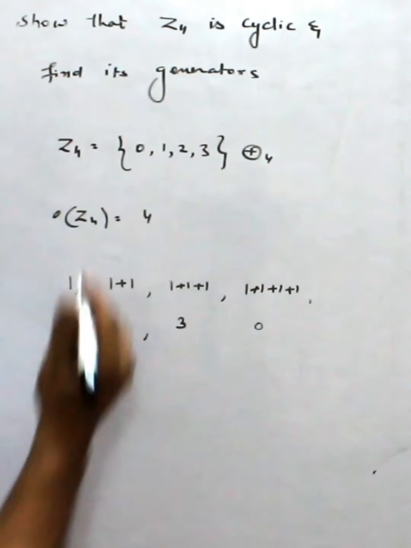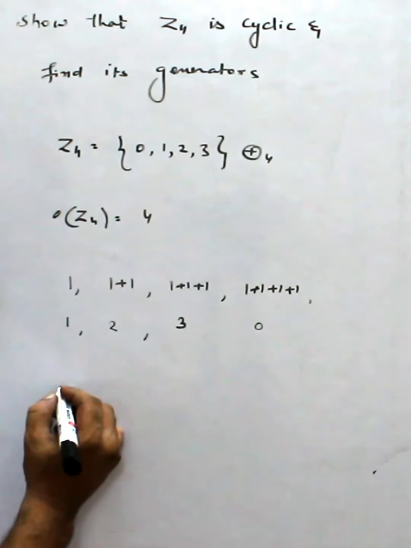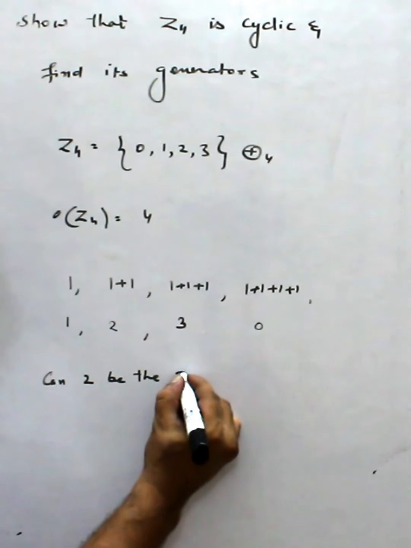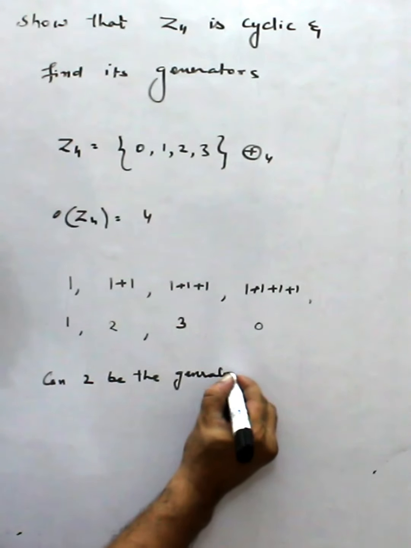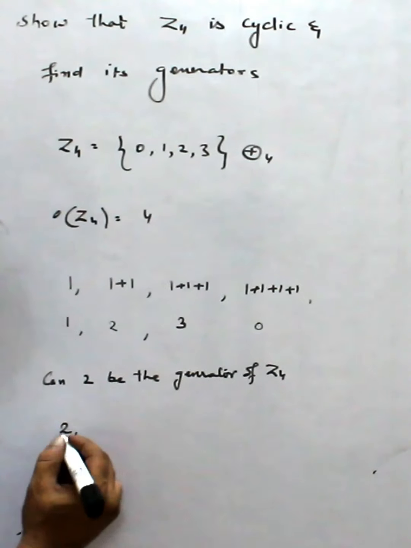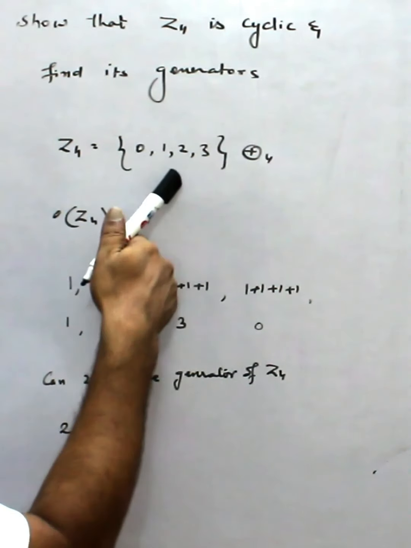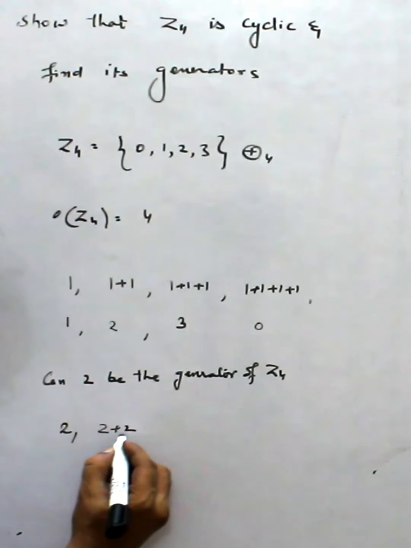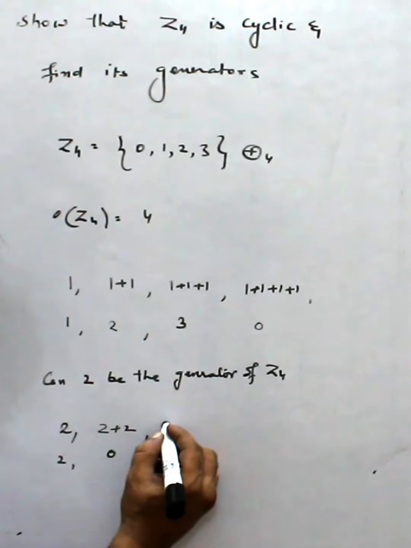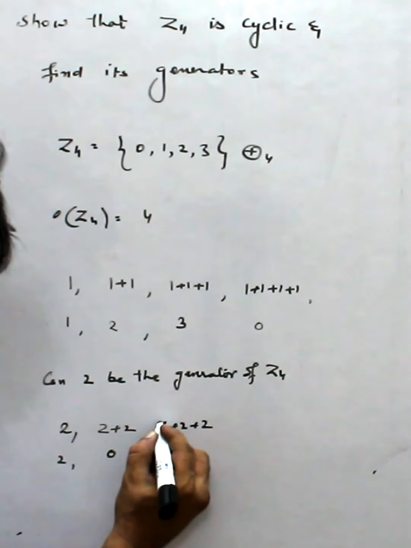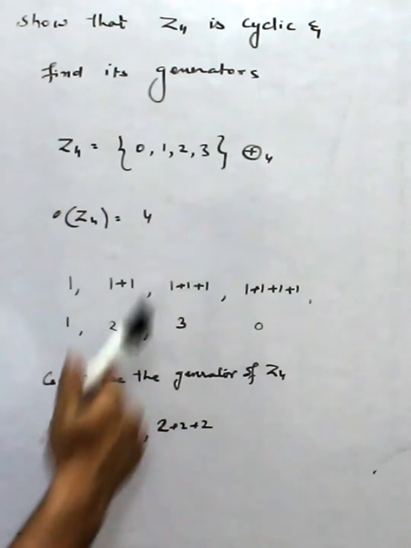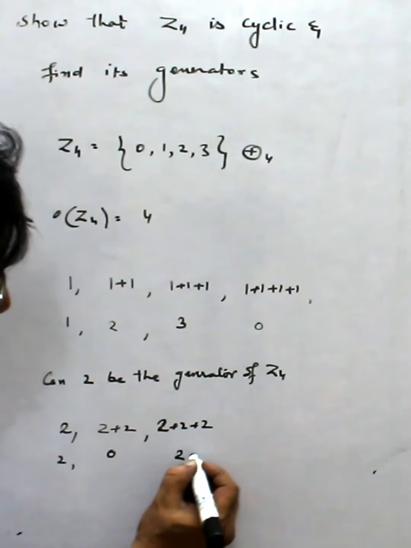Another, can 2 be the generator? Okay, we check. Can 2 be the generator of Z4? Take 2 one time, then 2 plus 2 becomes 4, which gives 0. And 2 plus 2 plus 2 becomes 6, which when divided by 4, because the operation is addition modulo 4, becomes 2 again.